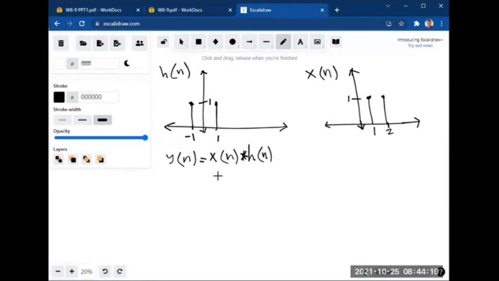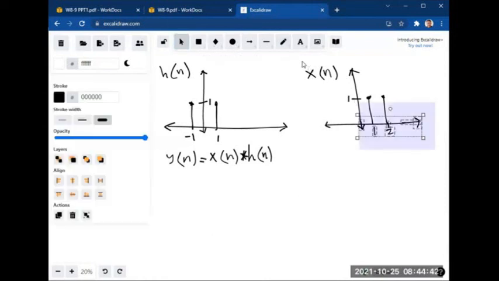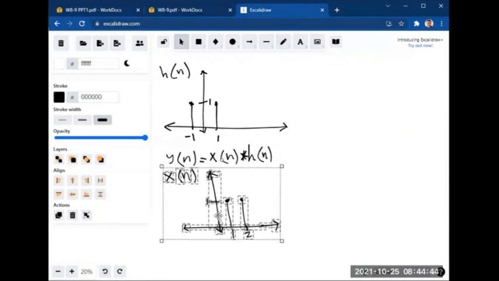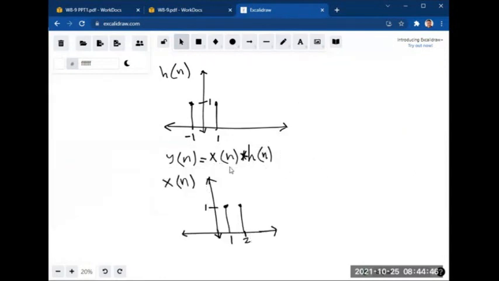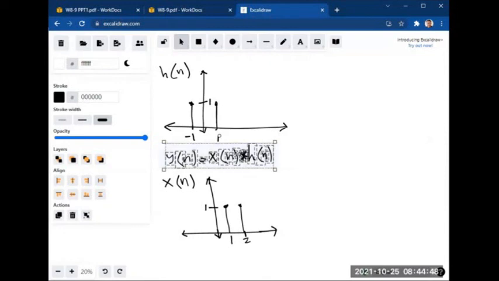Okay, so we have this one, x of n, h of n. If we do convolution for both our signals, we will have to do it one by one. So let me transfer this one here below.